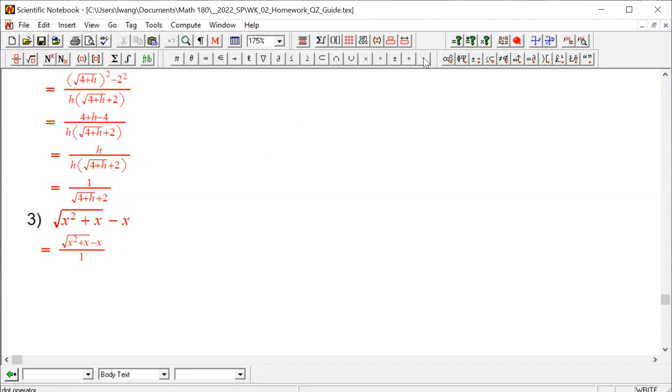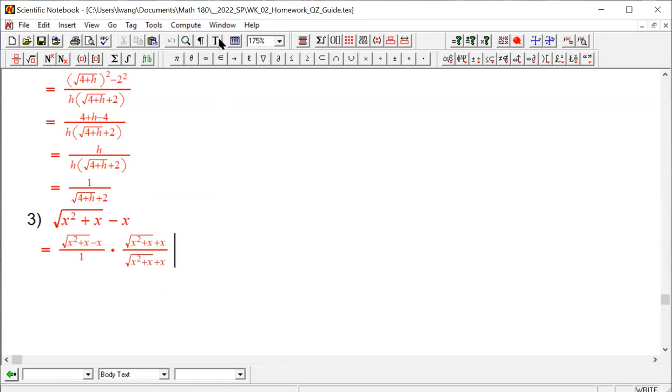So to rationalize the numerator, you're going to multiply by the conjugate of the numerator. The conjugate of the numerator is the square root plus x. Anything times 1 stays the same.